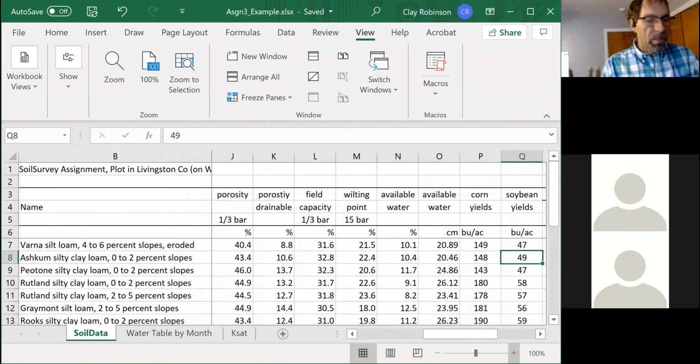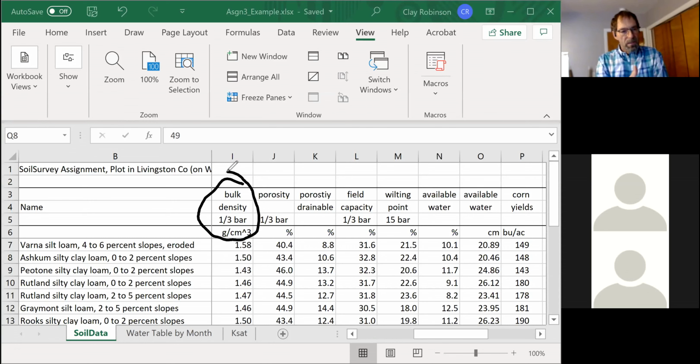I didn't have you pull out the bulk density in Web Soil Survey. So I did this as an example, and then I used that bulk density to estimate or calculate the porosity.